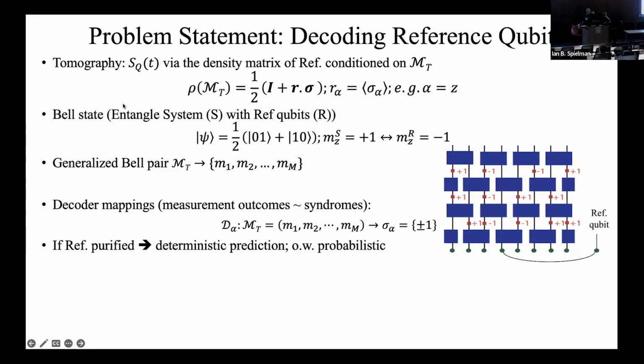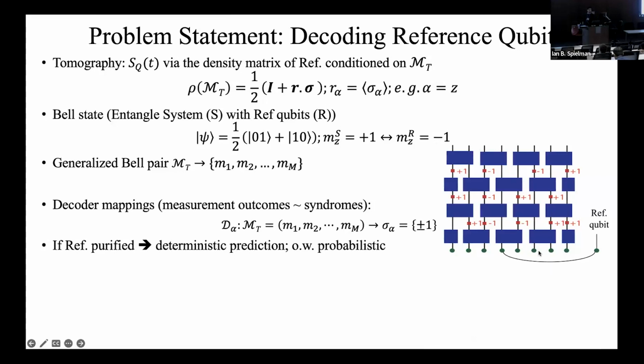And as a simple example, just imagine that our circuit is composed of one qubit. So we have one reference qubit, one qubit in the circuit, and initially they form a Bell pair like this. Now, if in our time evolution we end up measuring the system qubit, for example, if it's +1, necessarily we know that the reference qubit should be -1.